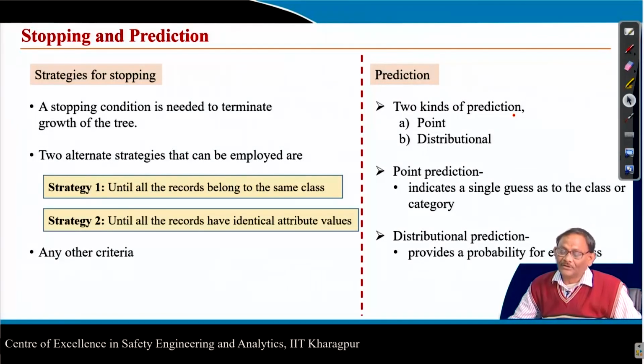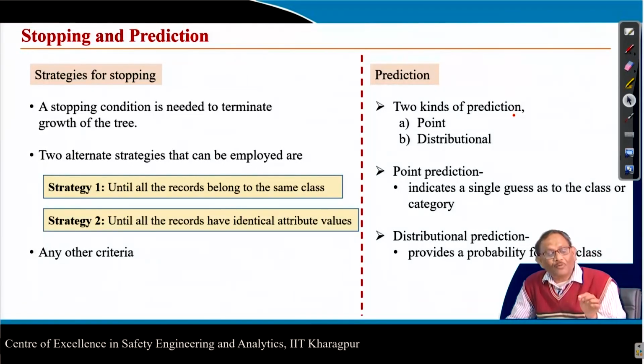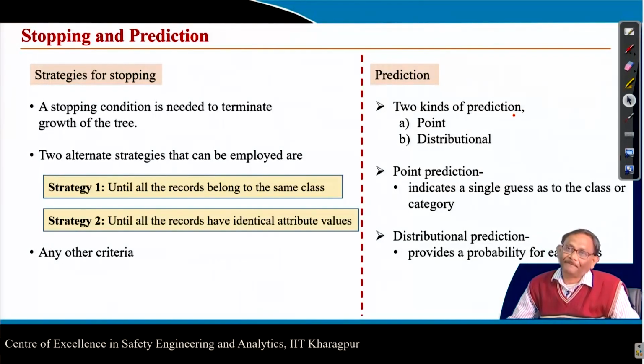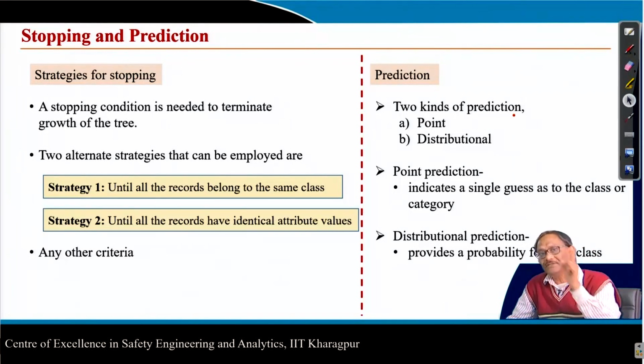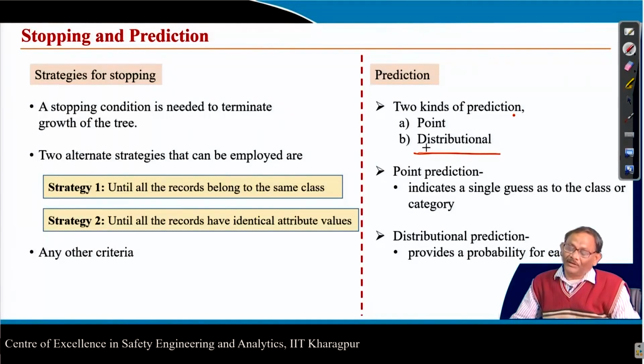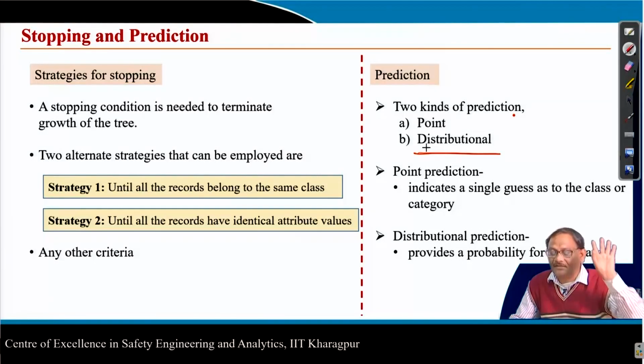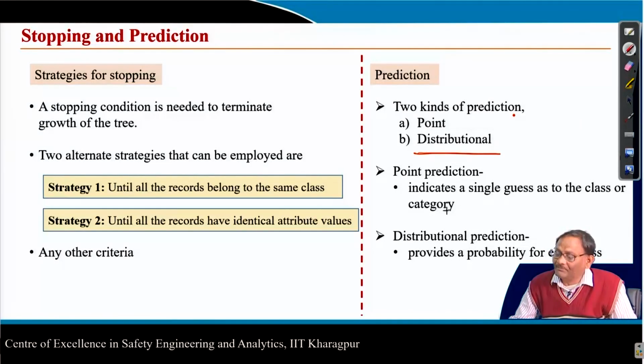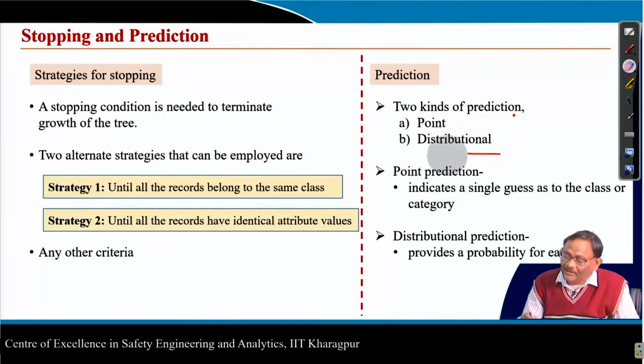Or you may say that the probability that severity is low is 0.59. When you talk about the class as well as its probability, that is the distributional prediction. But if you do not mention any probability, and only say okay, it belongs to that class, that becomes point prediction.